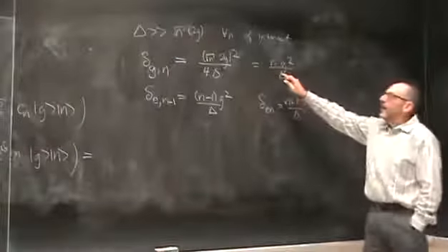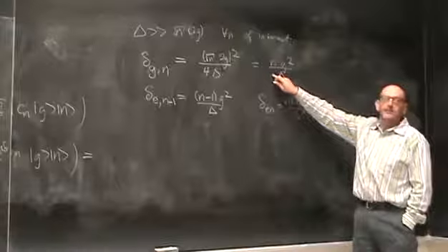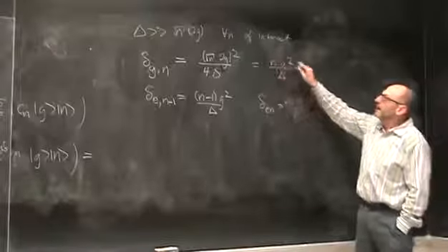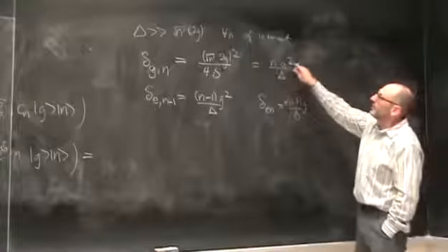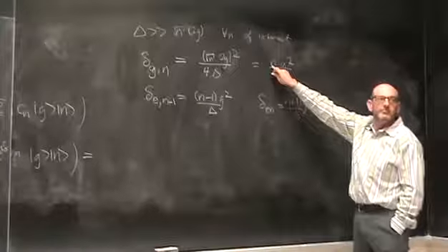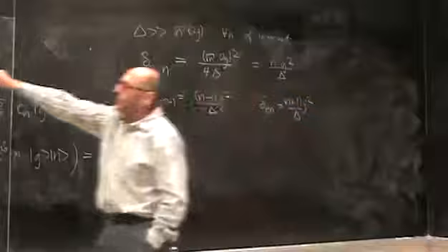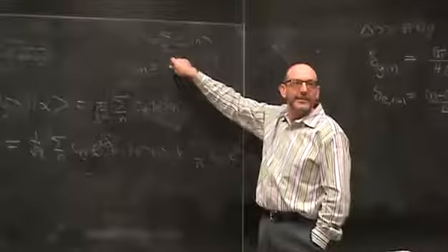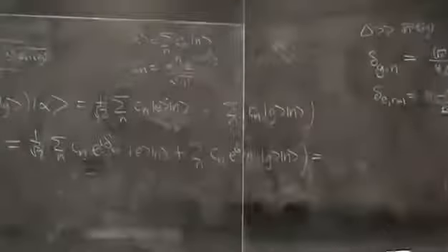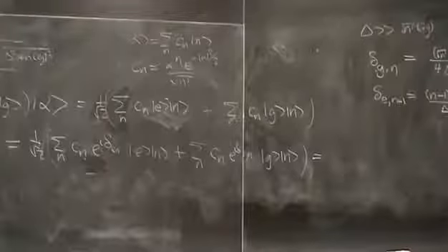Notice if I exponentiate this, I get something to the power n. That combines with alpha to the n. So what I find is the following.